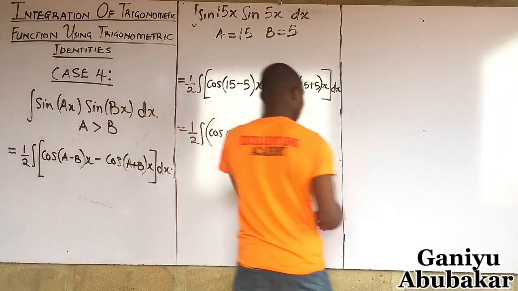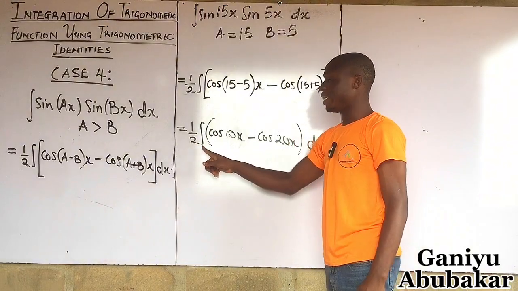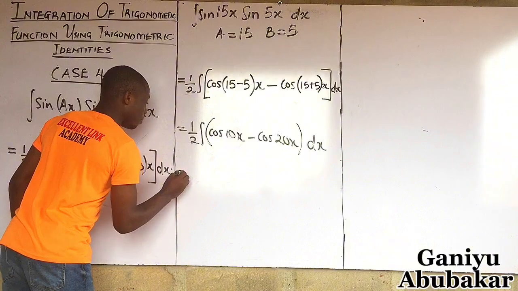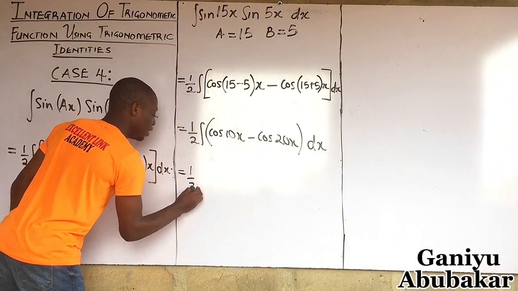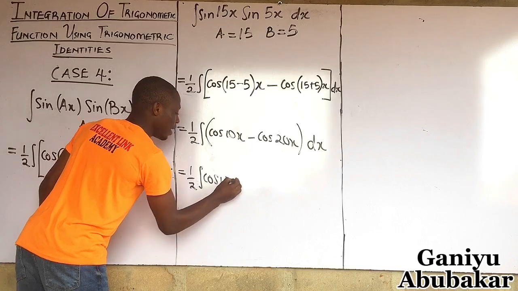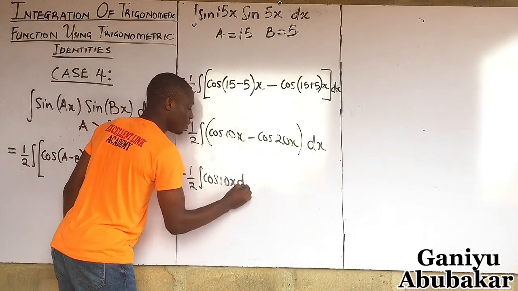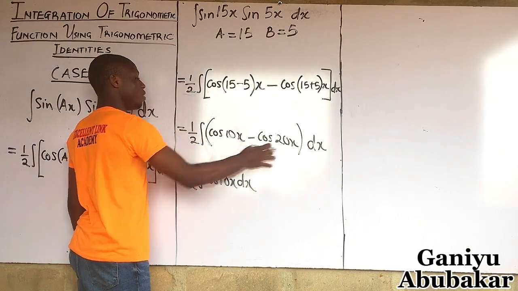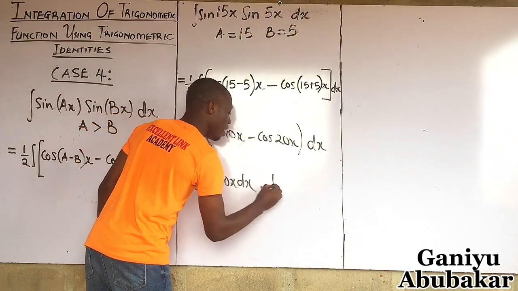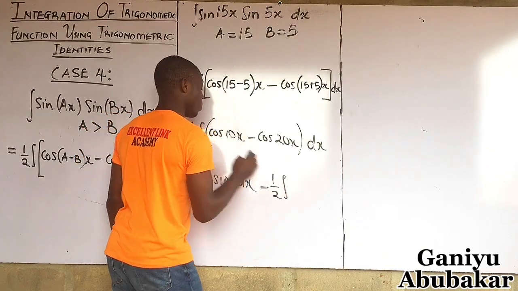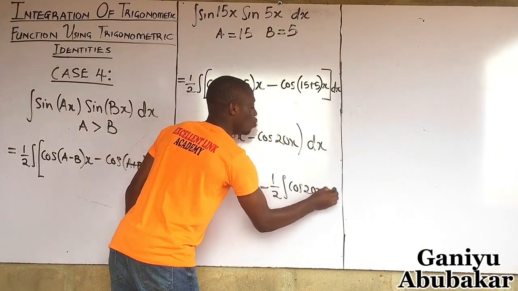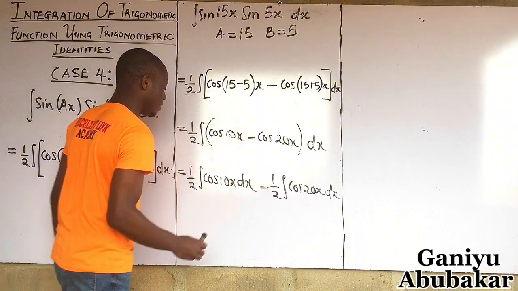Our next task now is to use this half and integral to multiply through. So my answer is half integral cos 10x dx, minus half integral cos 20x with respect to x.